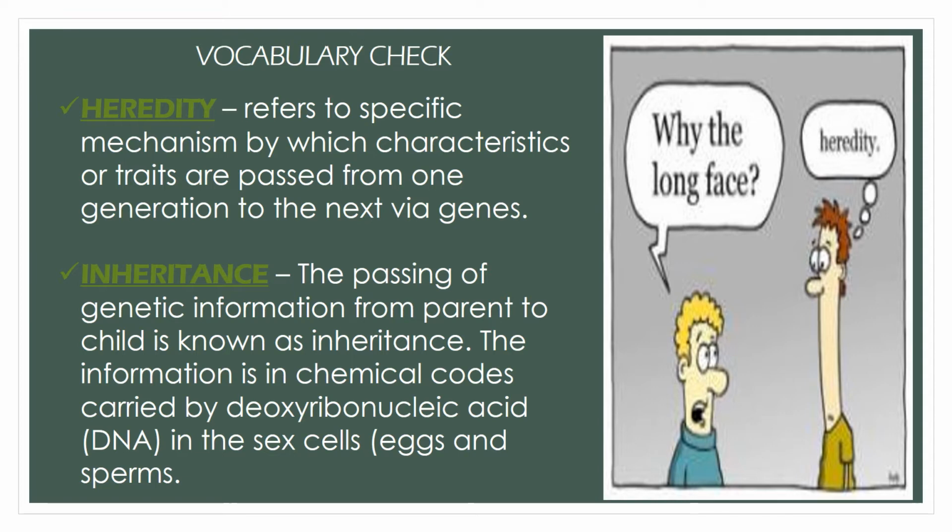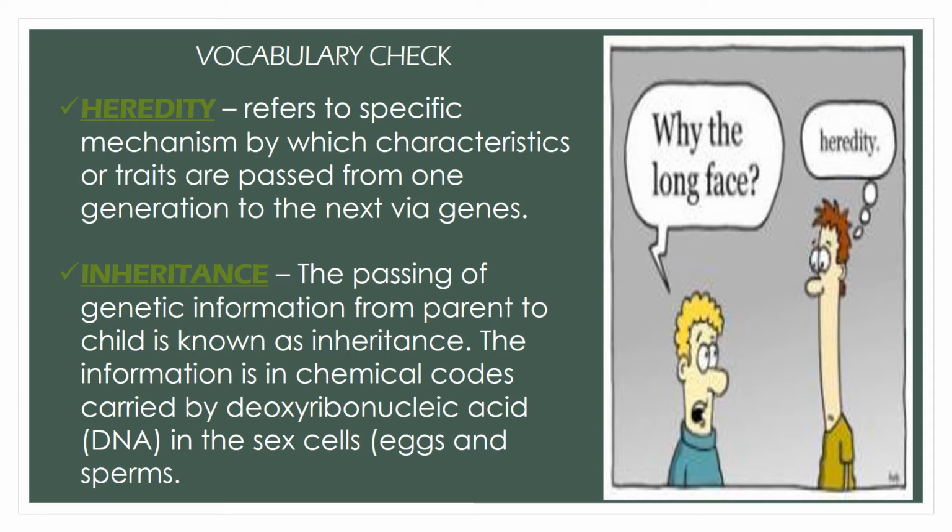So for our vocabulary check, first we have heredity. Heredity refers to the specific mechanism by which characteristics or traits are passed from one generation to the next via genes. So again, what is the other term for traits? Okay, characteristics.